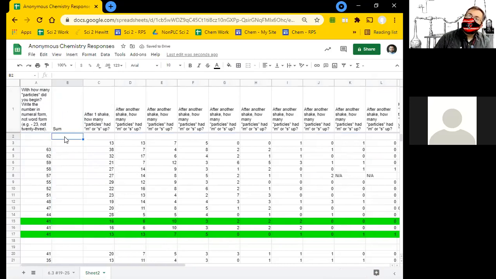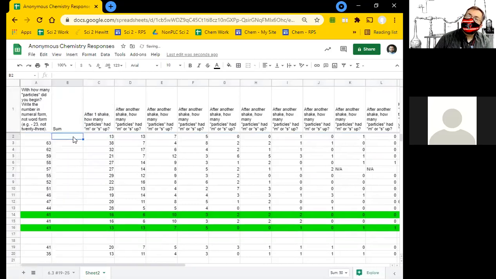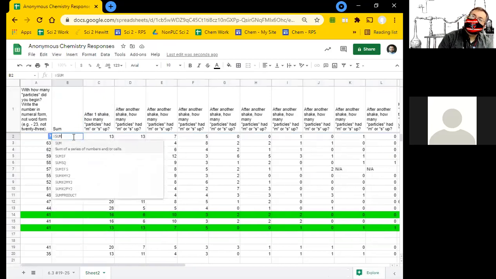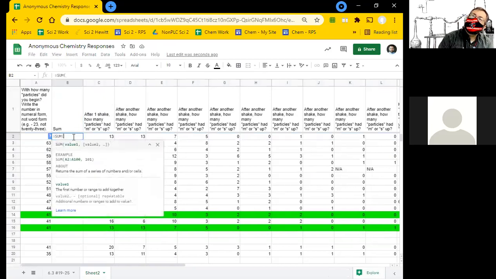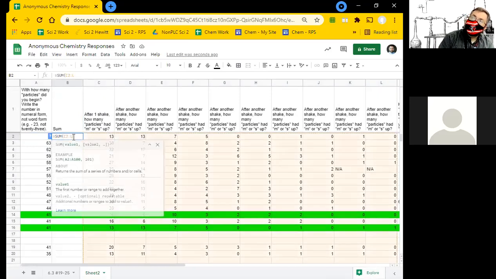And so let me just totally get rid of this row. Okay. And in this column, it'll be equal to the sum, that's adding everything all together, of what's in column C all the way over to column L. So C2, colon, L2.